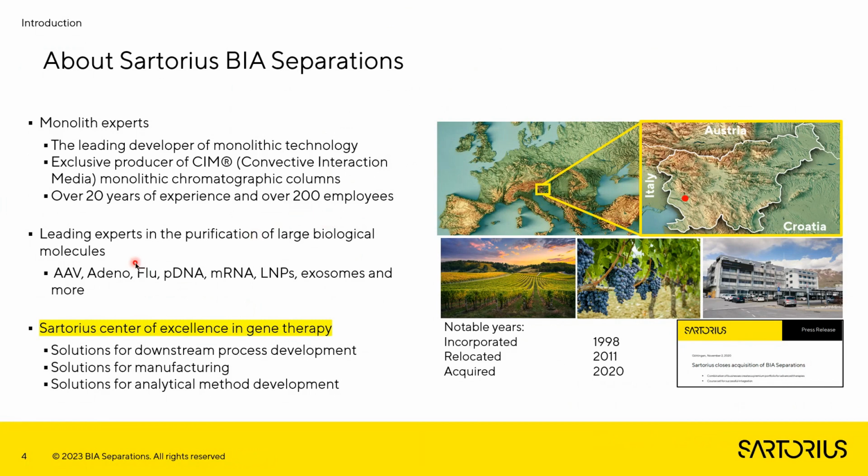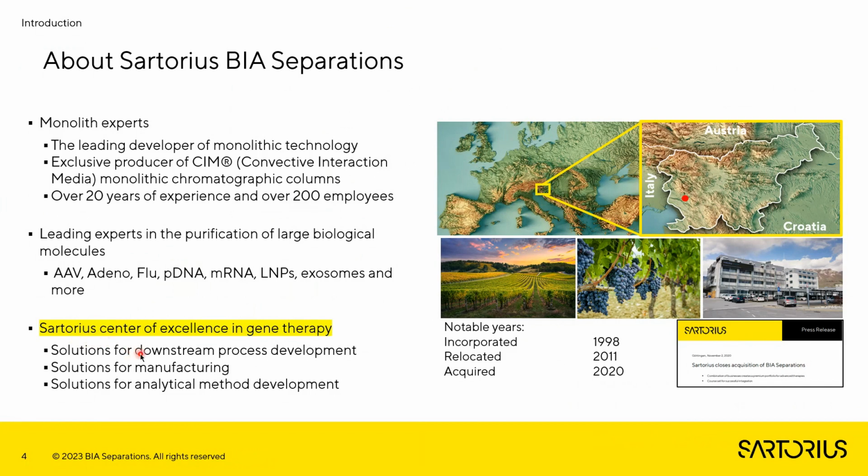We are leading experts in the purification of large biomolecules, such as different viruses, AAVs, adeno, and so on, and also for other biomolecules such as pDNA, mRNA, LNPs, and others.